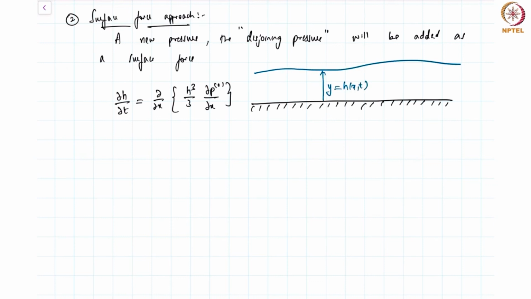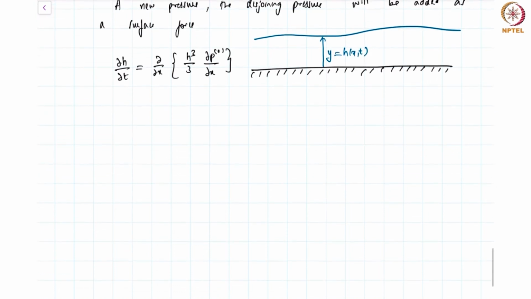Now what we can do is, for this thin film, the pressure that we had here was basically the leading order pressure. We had P infinity, the atmospheric pressure in the gas. Then we had the gravity term, which is epsilon cube L square rho g by mu u naught times y minus h.